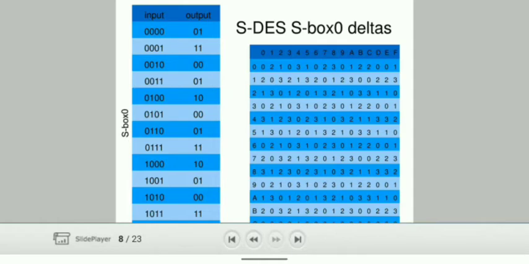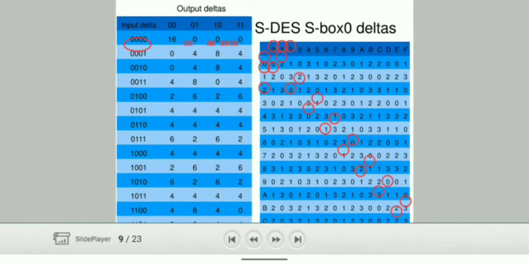This is the S box delta table, the S box 0 deltas with various values of inputs and outputs. If you observe the output deltas, the input delta 000 gives output delta 0, and then 001, 010, 100, 110, and when compared to the S box 0 deltas, 012 gives 002.